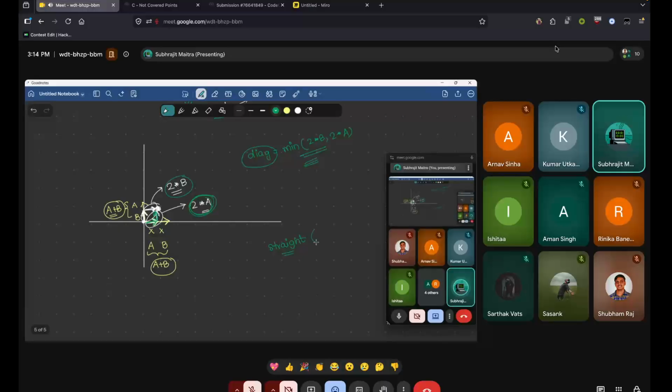It is either A plus B or 2 into diagonal, the minimum of these two. Now, Arnav, please turn on your mic and can you think about why I included this part, 2 into diagonal?